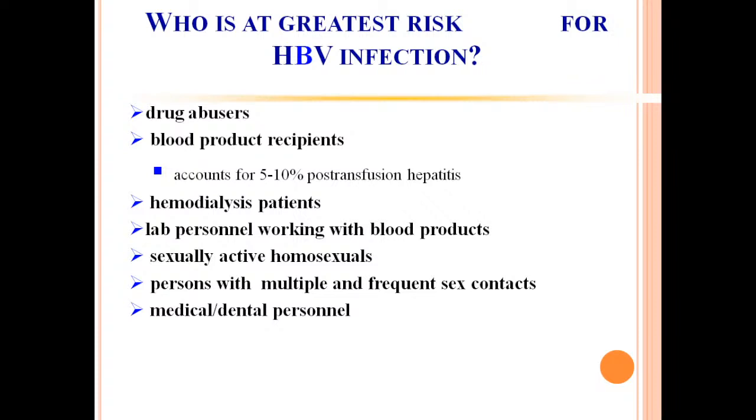Blood product recipients, about 5–10% post-transfusion hepatitis occurs due to contamination after transfusion of blood or blood components. Hemodialysis patients. Dialysis is the process of filtration of the blood in patients who have problems with kidneys. So it's so-called artificial kidney.